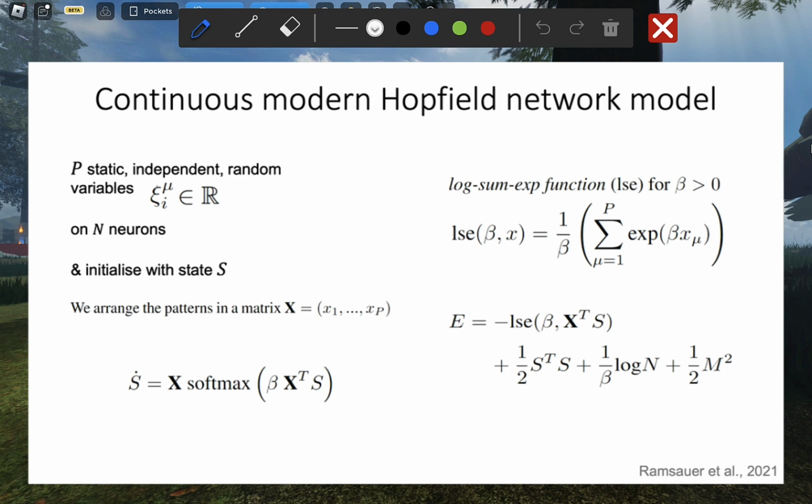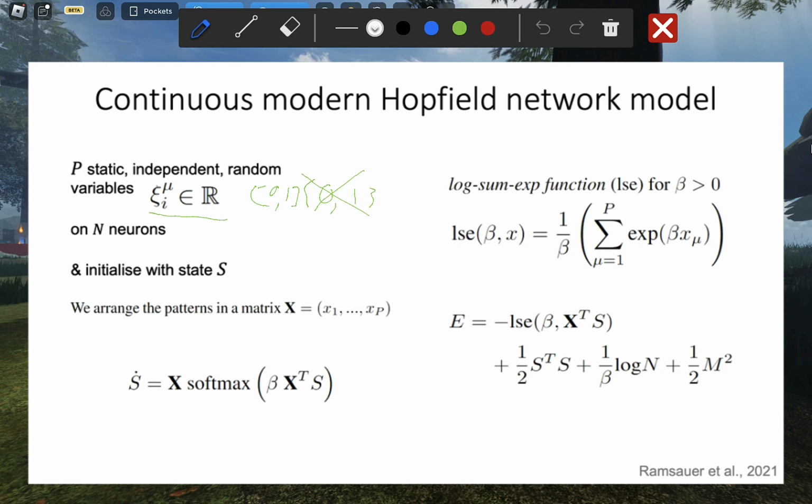Well, what if we made the variables continuous? And so instead of the patterns and the states being in this binary system, let's have them take on real values, typically between 0 and 1. So it's a range, and then you still have the same system as before.